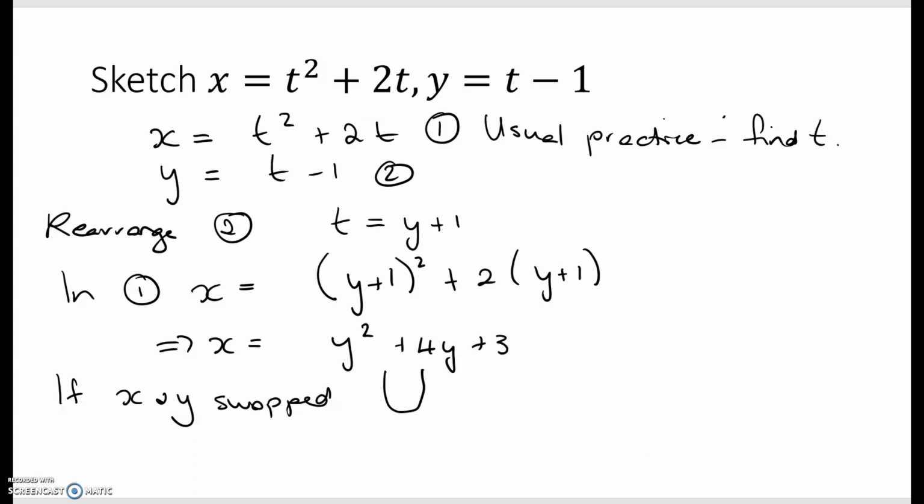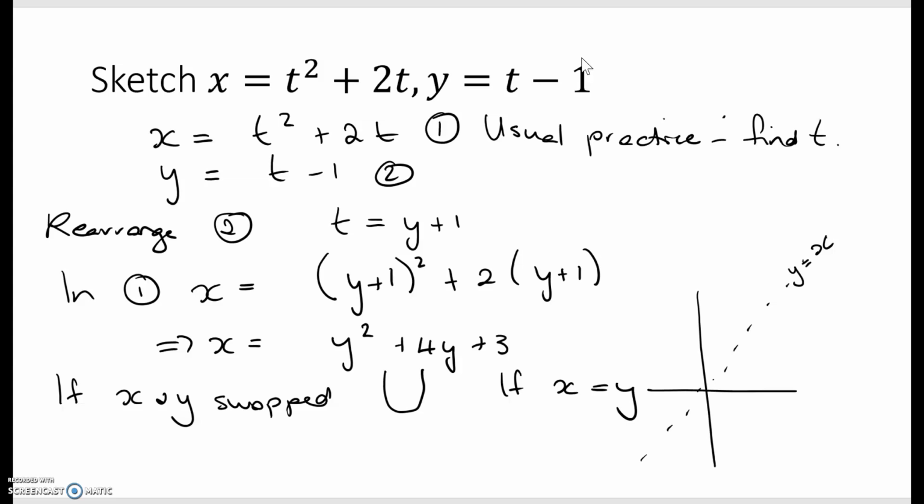So what we're saying there is if x equals y, you know about that because x equals y is a line like that. X equals y, or y equals x. And so if these two variables were swapped around, then you would know that it would be a parabola.